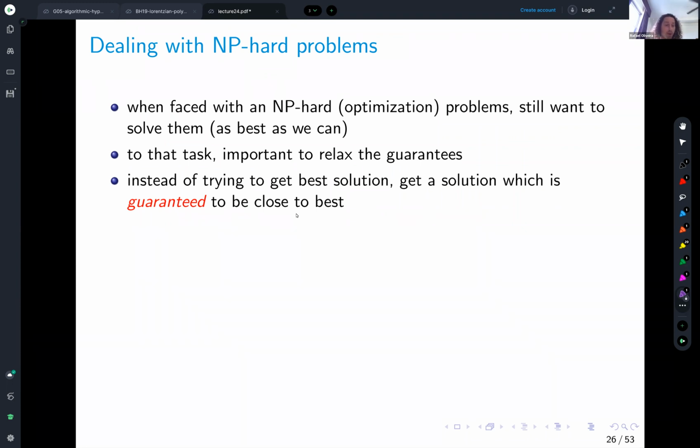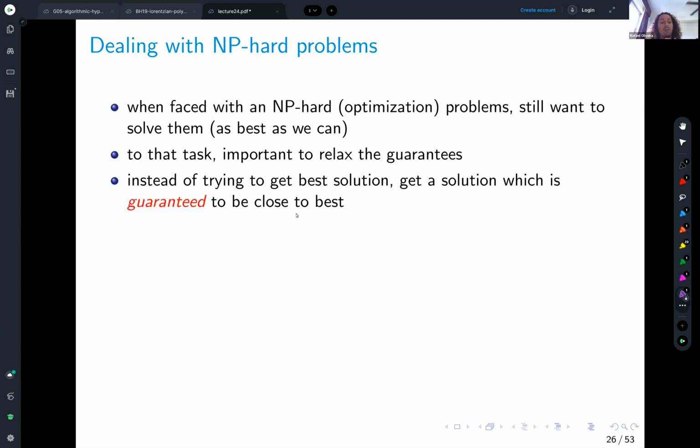Because of course it's NP-hard, so if we believe that P is not equal to NP, then... regardless of whether we believe or don't believe, it is an NP-hard problem. A lot of people try to solve it. We can try to solve it as well, even if you believe that P is equal to NP, but in the meantime, you still want an algorithm for today. Maybe you don't care about the optimal solution, but you want to get something close, right? So you can relax the guarantee and the problem becomes easier, right?